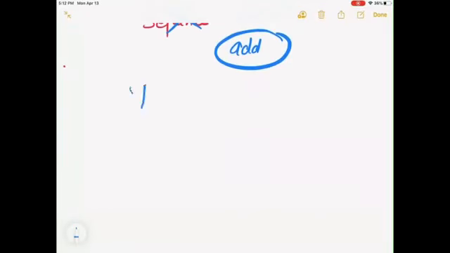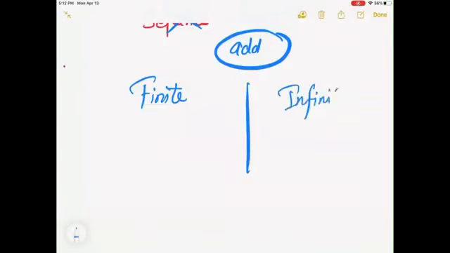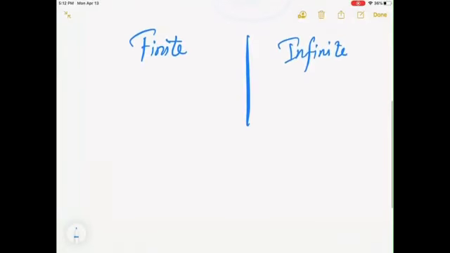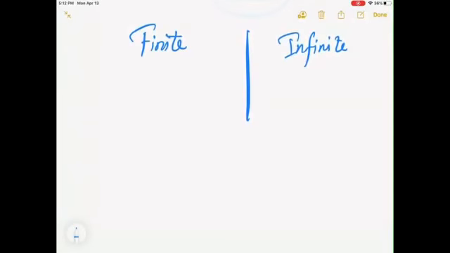Okay, so we have two different types of series. We have finite series and we have infinite series. Pretty much clear from the name. Finite means it does have an ending point. It stops at a certain term. So that's a finite series. Infinite means it's just going to keep going forever. It never stops and there's no last term of that series.